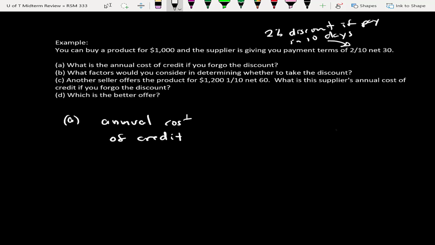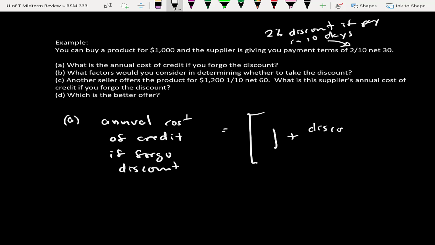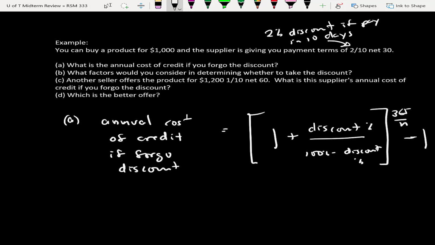The annual cost, if you forgo the discount to pay early and decide to take the whole thing, is calculated by 1 plus the discount percentage, divided by 100% minus the discount percentage, to the power of 365 over N, and all of that minus 1. N in this case is the number of days of extra credit.